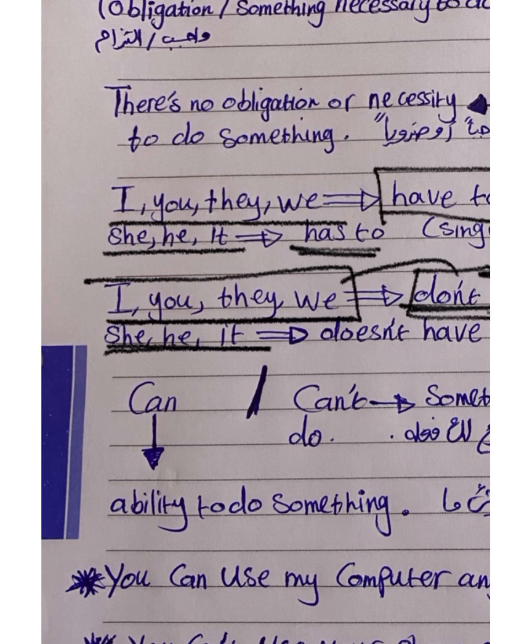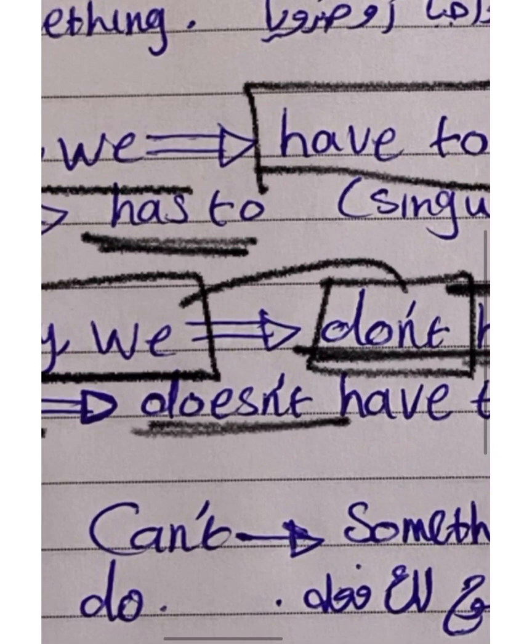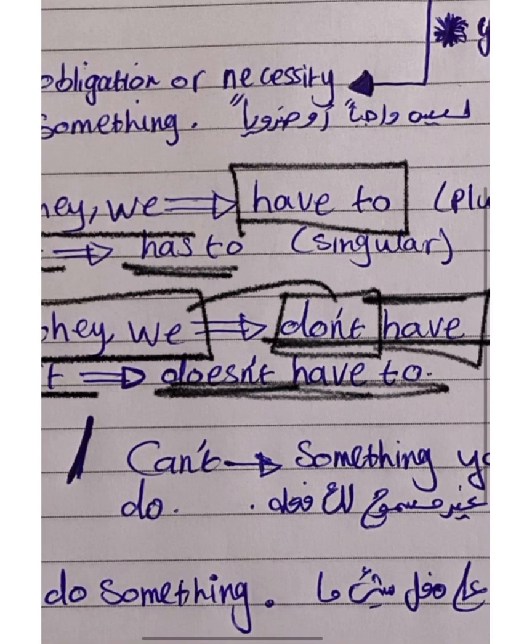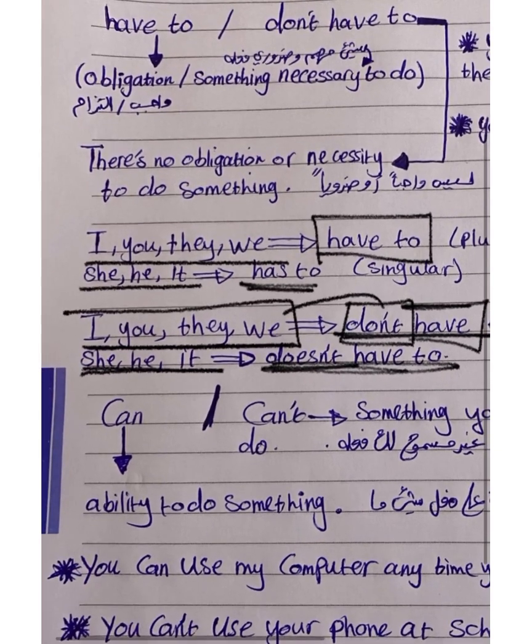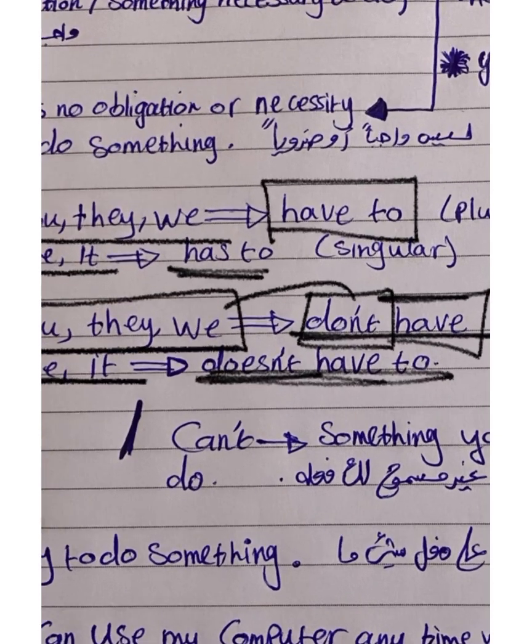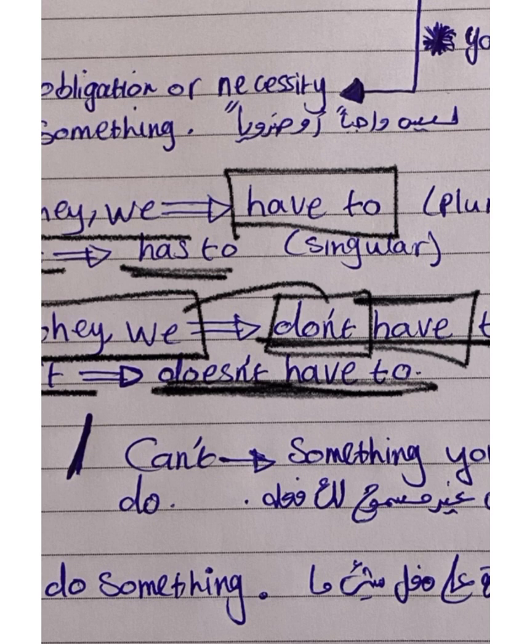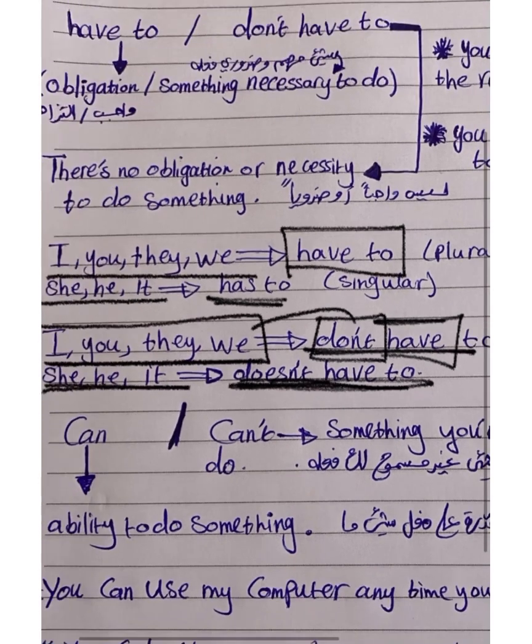We say doesn't have to. Have stays the same, the infinitive verb, because it is preceded by don't or doesn't.